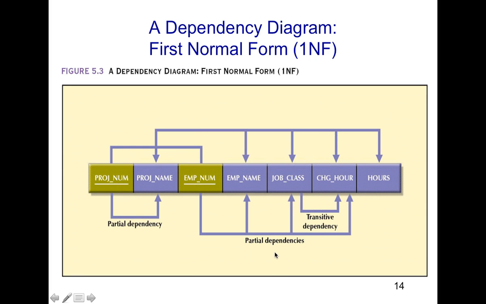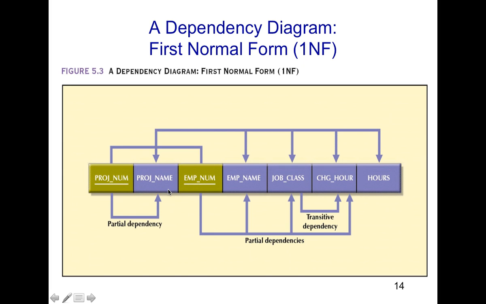And then we start looking at partial and transitive dependencies. So I'm going to give you some more vocabulary here because we don't want partial and we don't want transitive. We're going to eventually get rid of all these dependencies. But we have to identify them in order to figure out which ones we want to remove or which ones should stay.